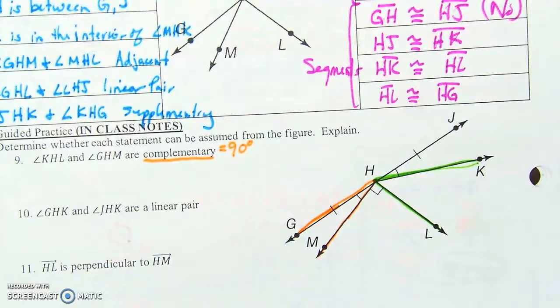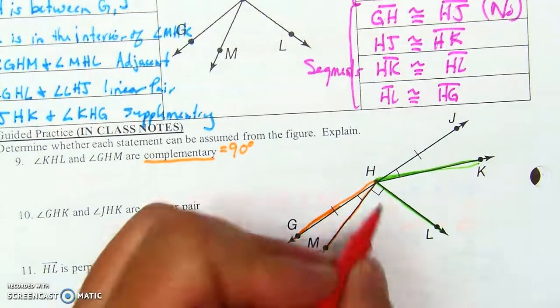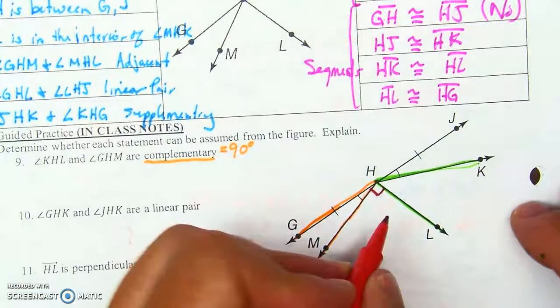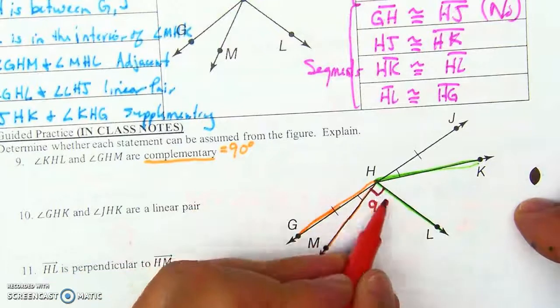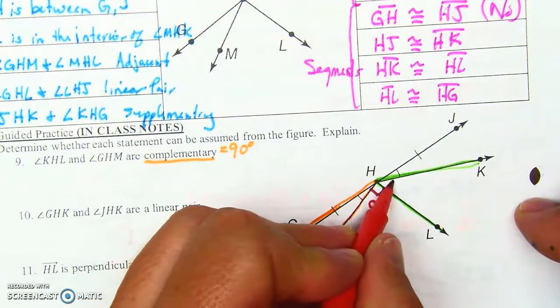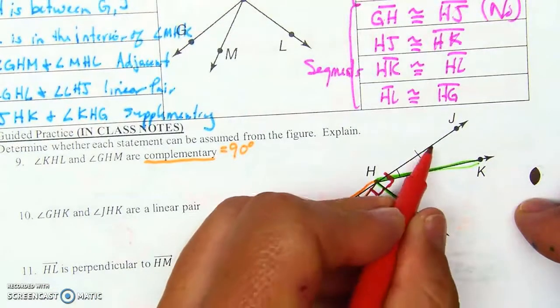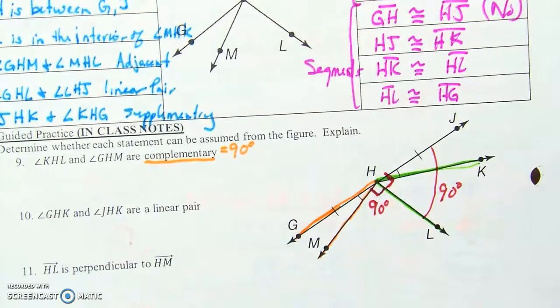Do they have to be adjacent to each other? No. Are these two adjacent? No. But we do know that that's 90 degrees. So we can write here this one's 90 degrees. Because this one's 90 degrees, we can also say that that one is also 90 degrees for these two angles.